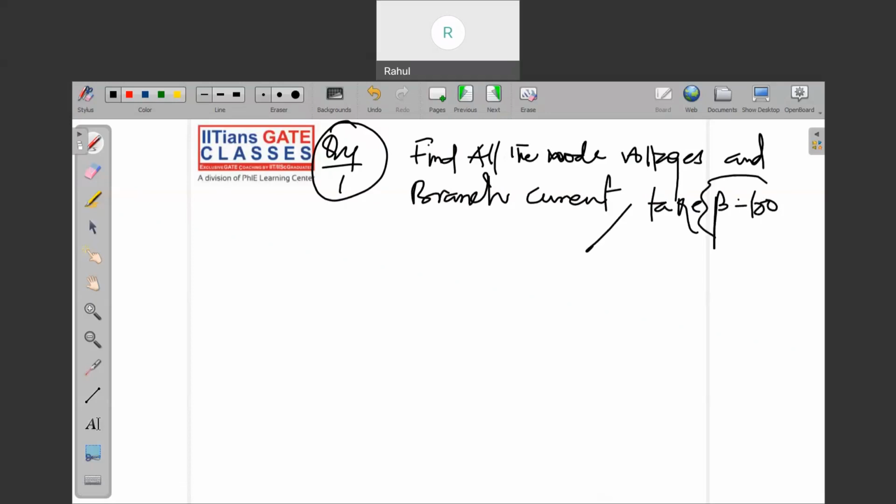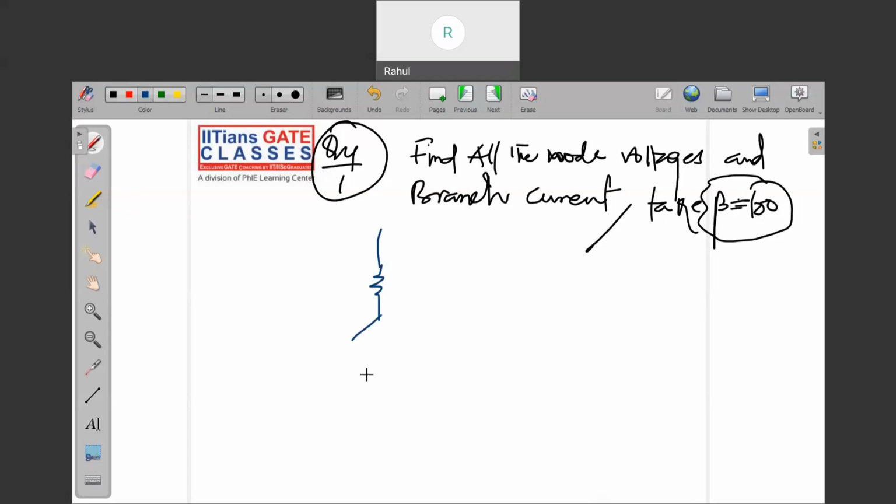If beta, the common emitter current gain, is pretty high, then you can neglect IB, but here they have given a finite beta, so we can use beta as well. They have given the circuit, so let me draw it for you.